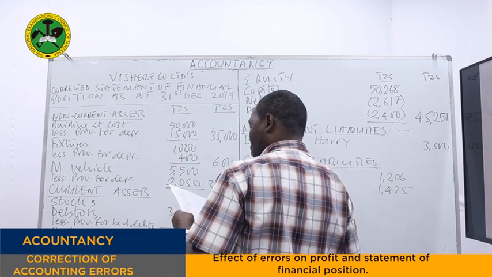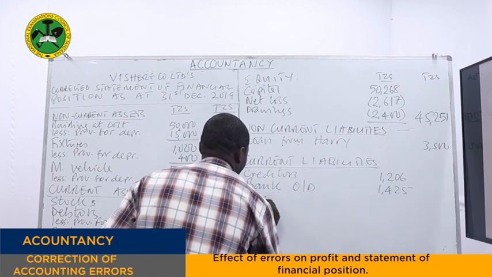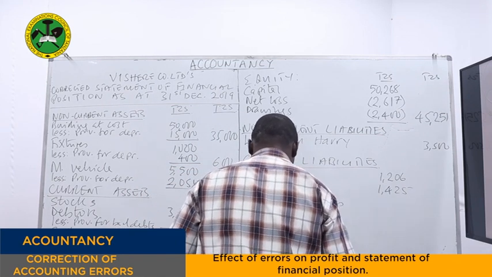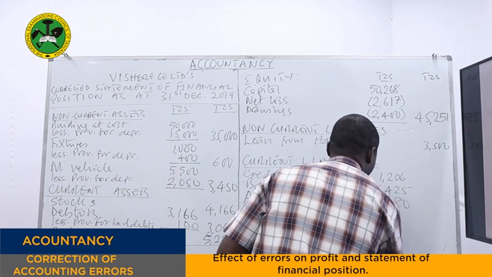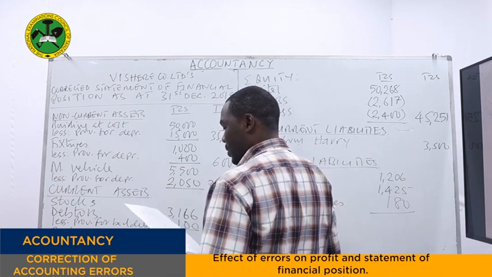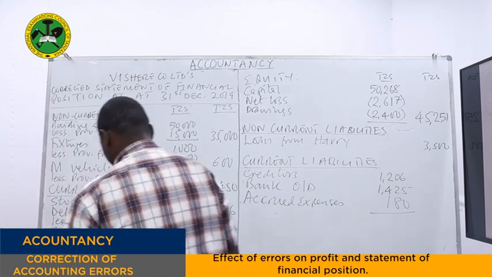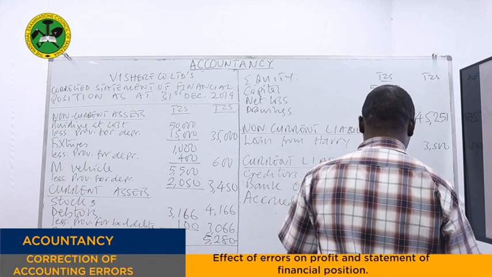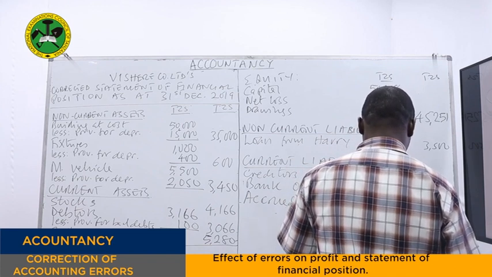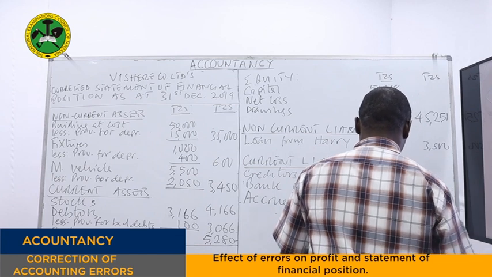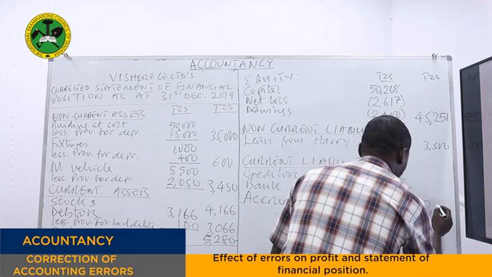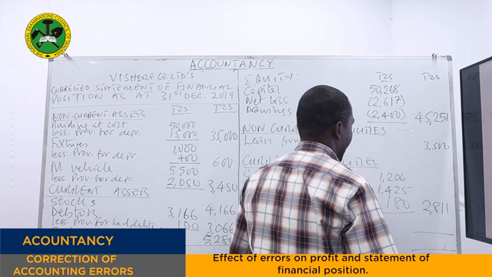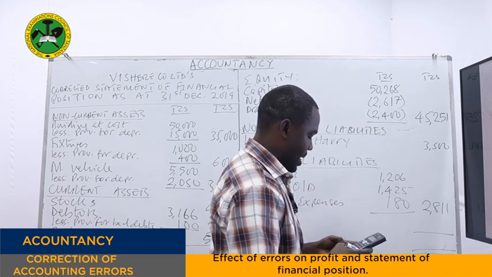We have also accrued expenses. Accrued expenses 180. I think we are through also with the current liabilities. Let us have a total: 1,206 plus 1,425 plus 180. We get a total of 2,811.